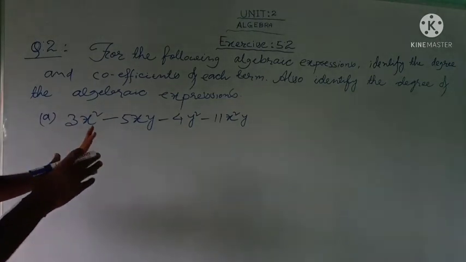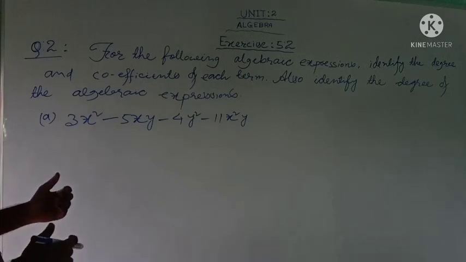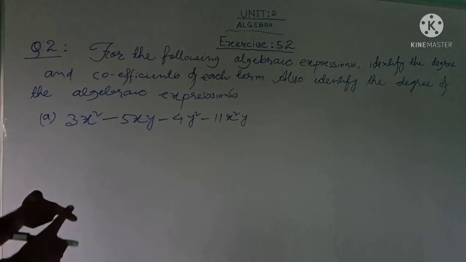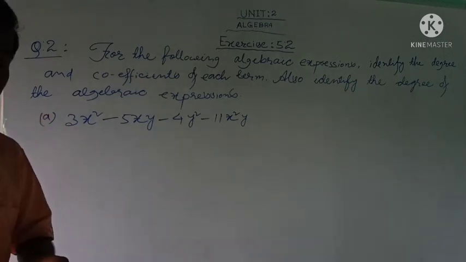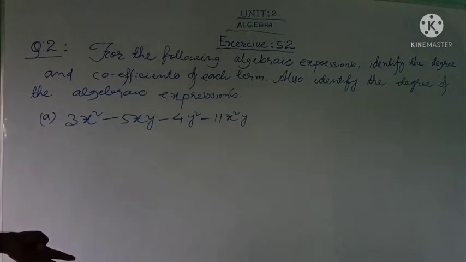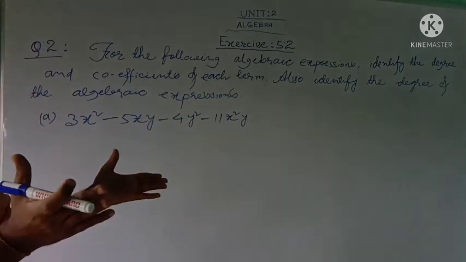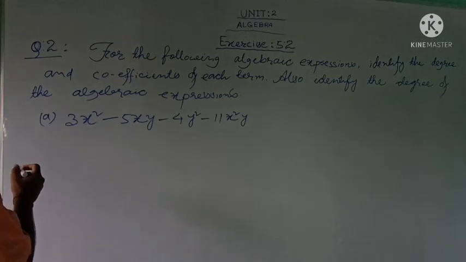Here we have got 3 different questions. See, first you have to find out the degree of each term, question number 1. Then you have to find out coefficient of each term, that is question number 2. And then you have to find out degree of the complete algebraic expression. Okay, 3 questions are there here. Well, now let us solve it.